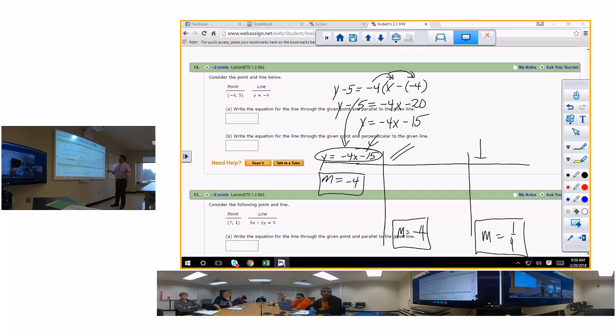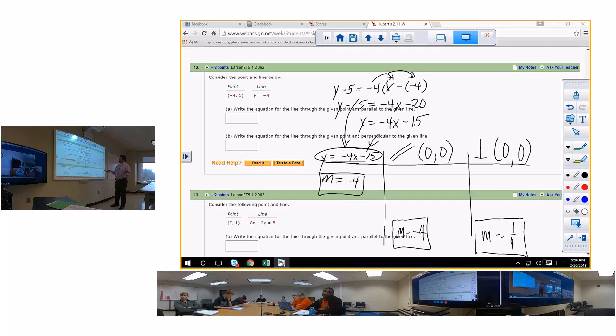It says, write the equation for the line through the given point and perpendicular to the given line. I'm just going to make a point up. I'm going to say 0, 0. I don't know, you'll have to figure it out when you do the problem.